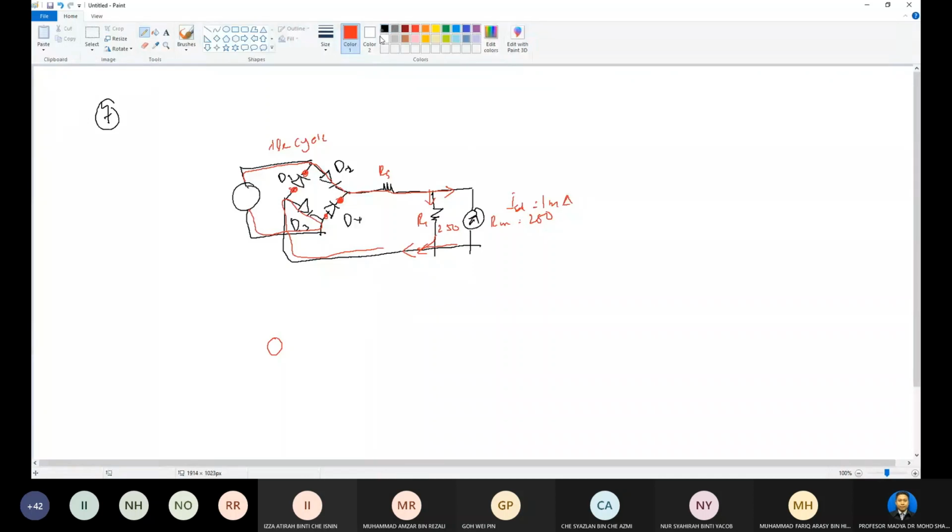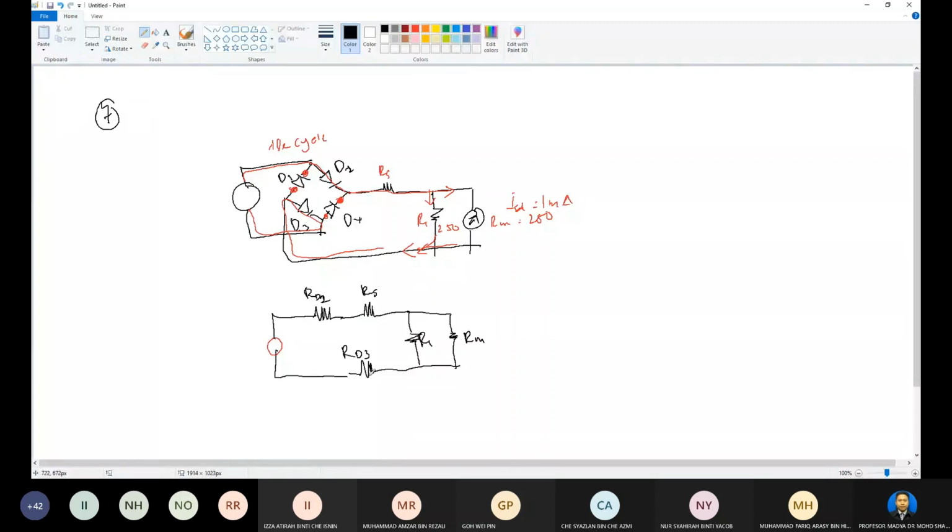I'll change color here. This is our RD, this is our RS, this is R1, and this is RM.